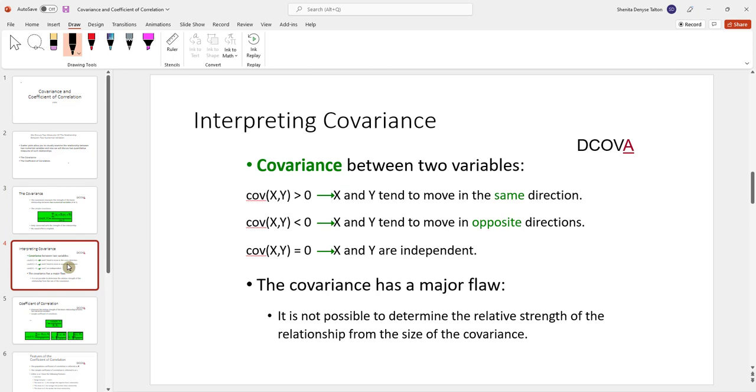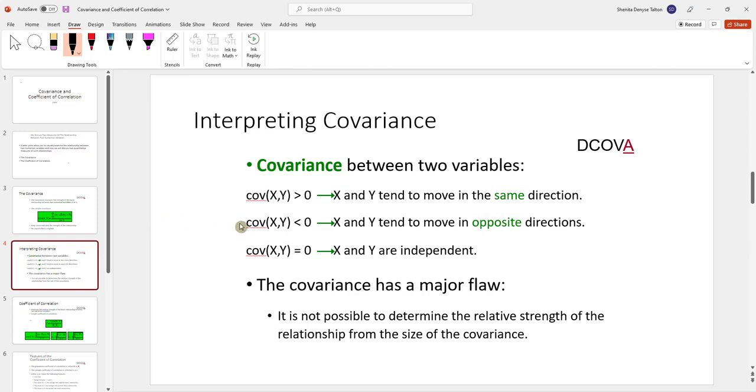Basically, the covariance tells you what direction your variables are moving in. So if you calculate a covariance that's greater than 0, then that means that your x and y tend to move in the same direction. So in other words, as x increases, y increases. As x decreases, y decreases.